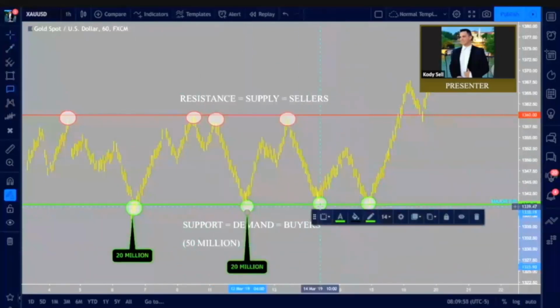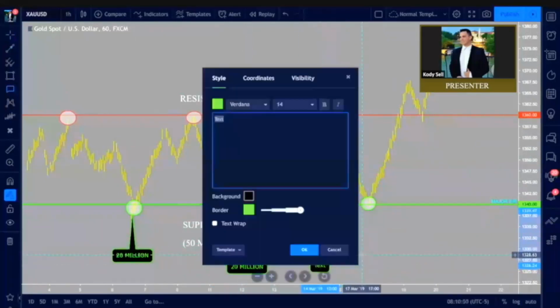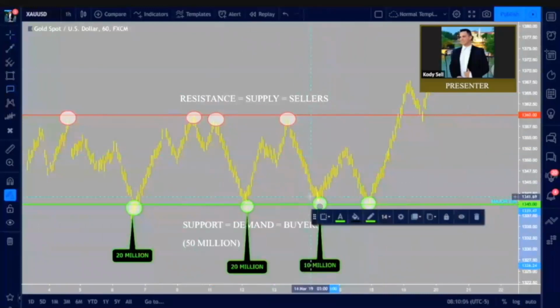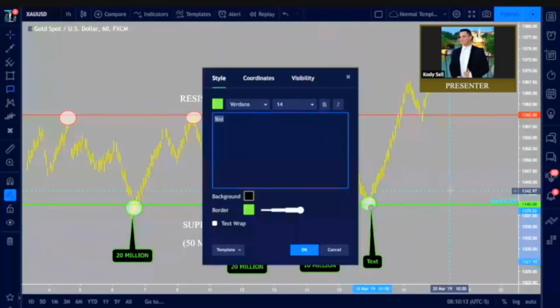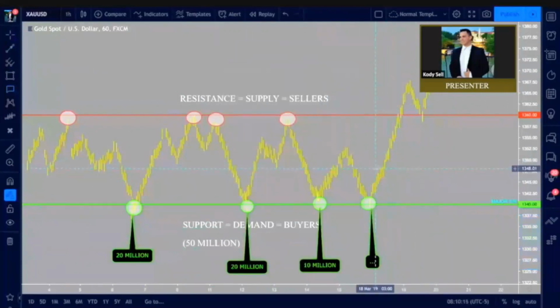And then the third time that price got here, they were able to fill the remaining 10 million of the order. And then the order was complete. That was it. So after that, when price got here, there was nothing left. So what would that look like in terms of the candlestick?